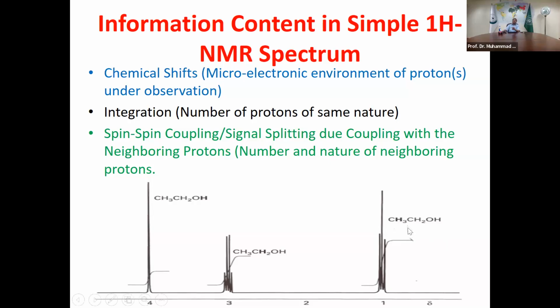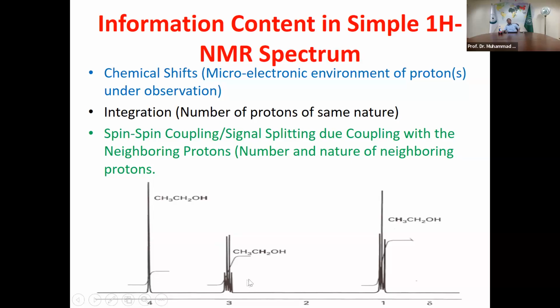For instance, in this case, CH3 is split into 3 peaks due to CH2, right? CH2 is split into, I don't know, 3 plus 1, this is a complex signal.